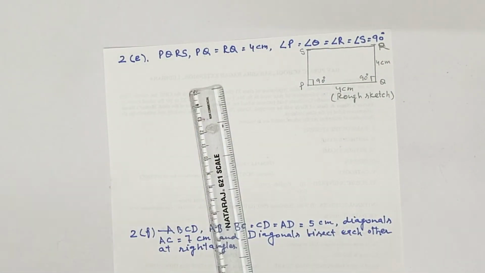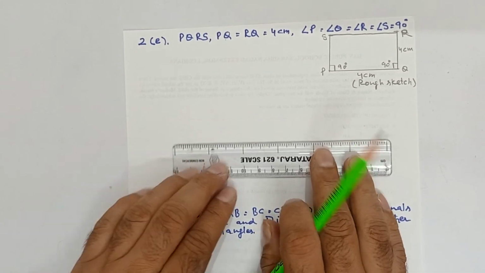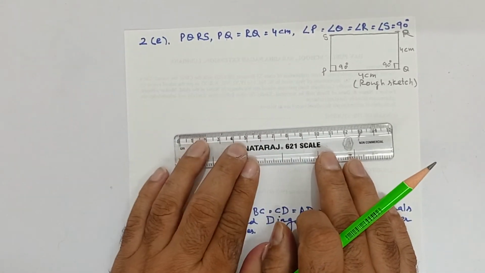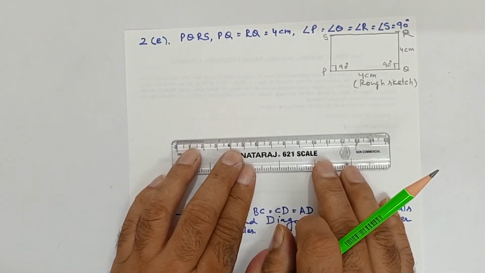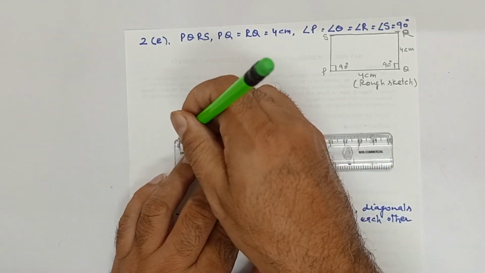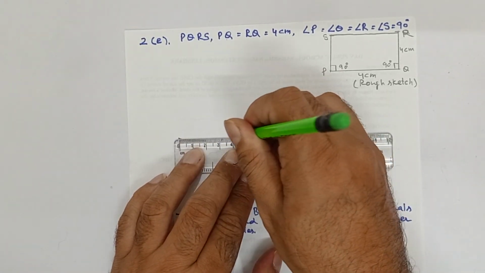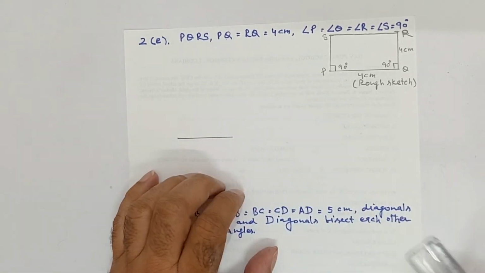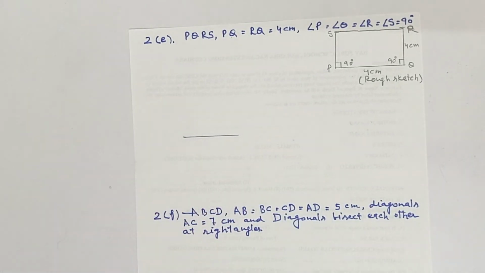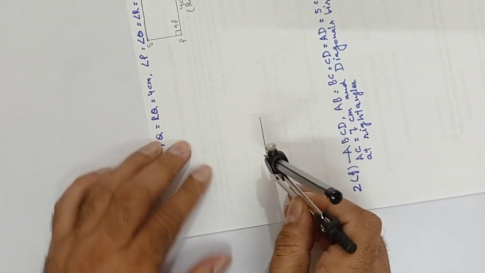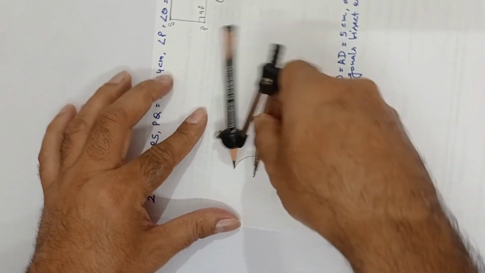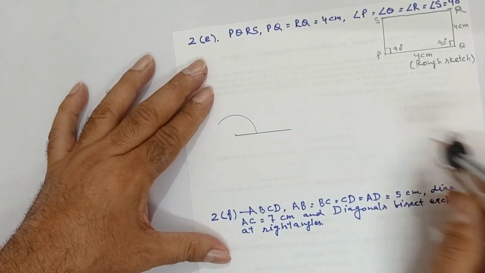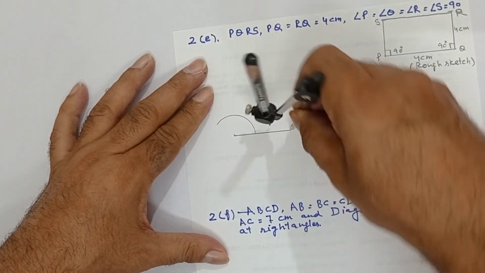So let's start drawing. First, how much is PQ? 4 centimeters. So see here, this is 0 and this is 4. Now we need to make angle P and angle Q 90 degrees. As I have already told you, we can make it with the compass. So preferably the angles which can be made with a compass, you should make with the compass only.